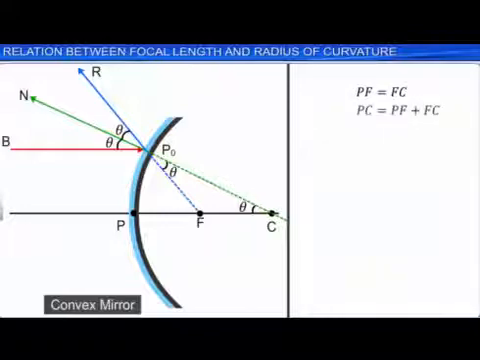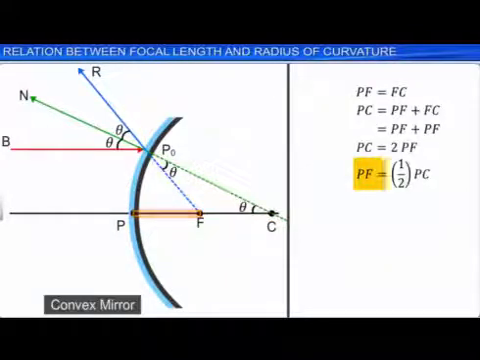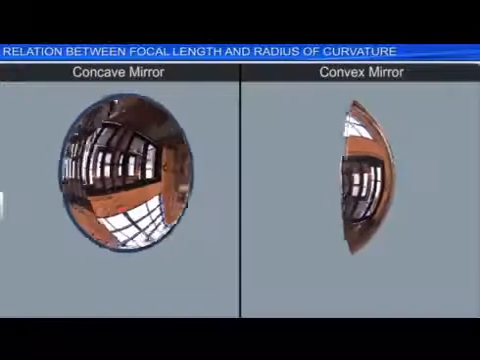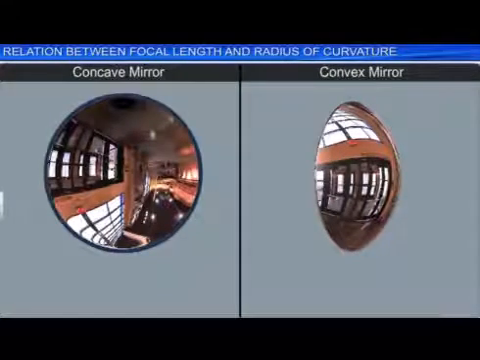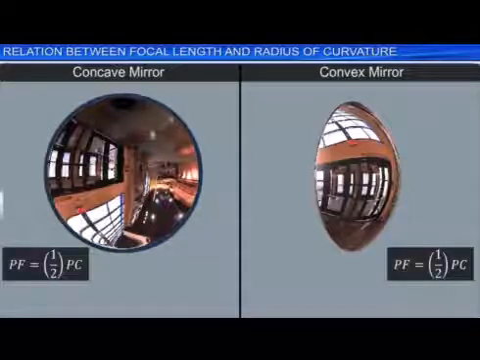From the figure, we can say that PC is equal to PF plus FC. By replacing FC by PF, we get PF is equal to half PC. Hence, we can conclude that for a spherical mirror, the focal length is half of its radius of curvature.